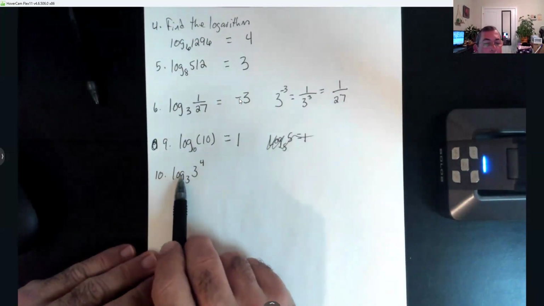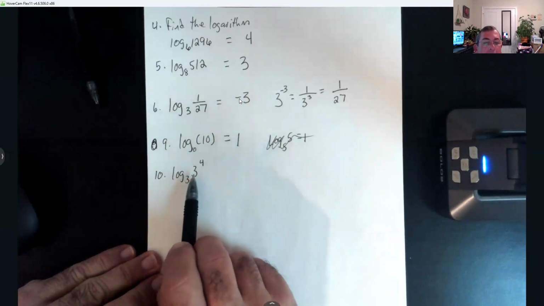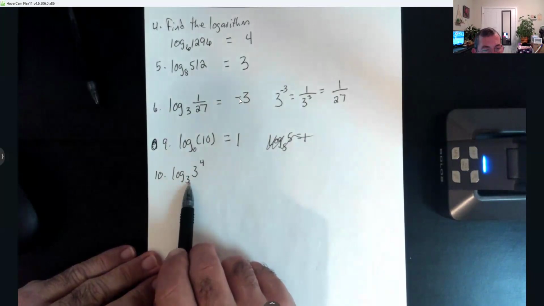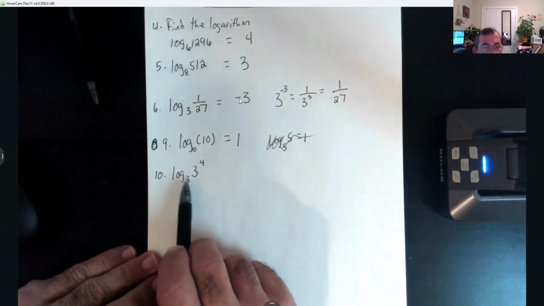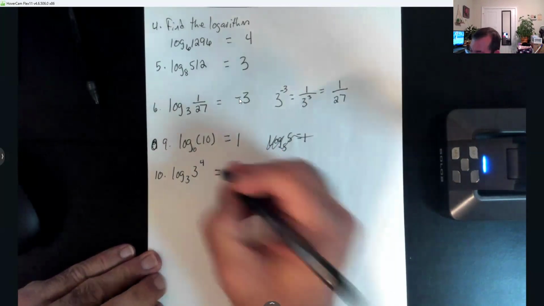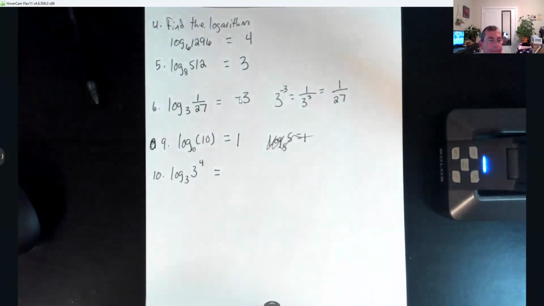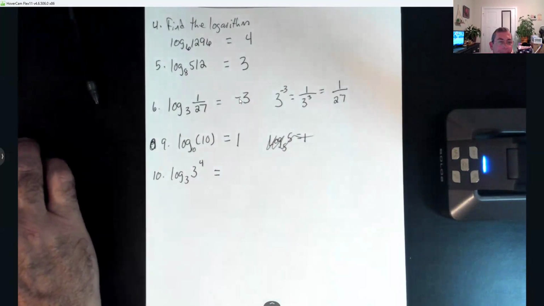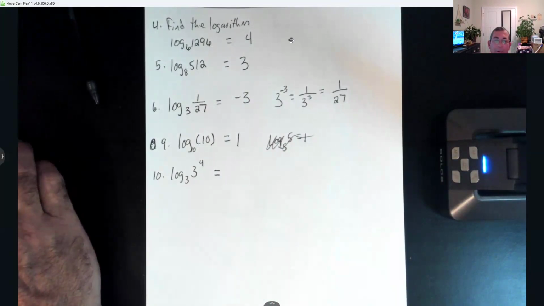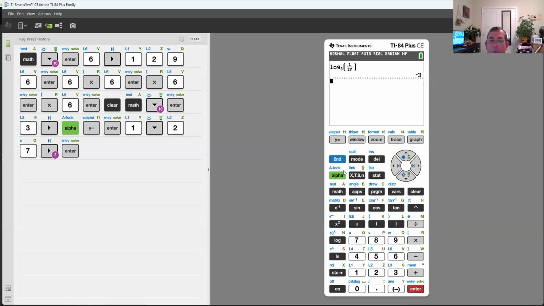What about a log base 3 of 3 to the fourth? What exponent would I raise 3 to make it a 3 to the fourth? Y'all can punch that one right in the calculator, just like it looks. So I'd go to my log base again, math, and scroll down.